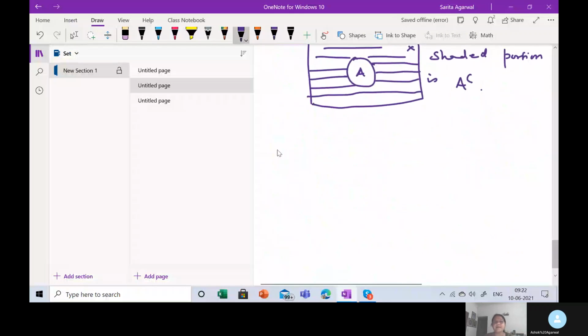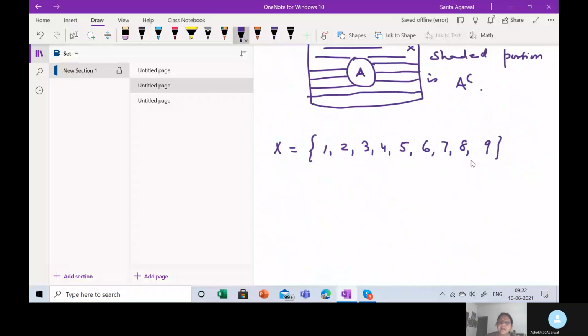If we take the universal set X that has the elements 1, 2, 3, 4, 5, 6, the first 9 numbers we can take, and A has 1, 2, 3, 4, then the complement of A is 5, 6, 7, 8, 9.